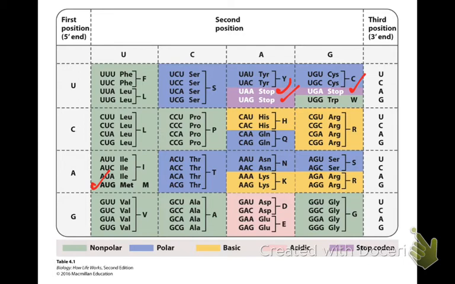When a ribosome runs into this sequence in a messenger RNA molecule, it will stop the process of translation. It will no longer do anything downstream of that codon, and the termination will occur. So you've got to know those.